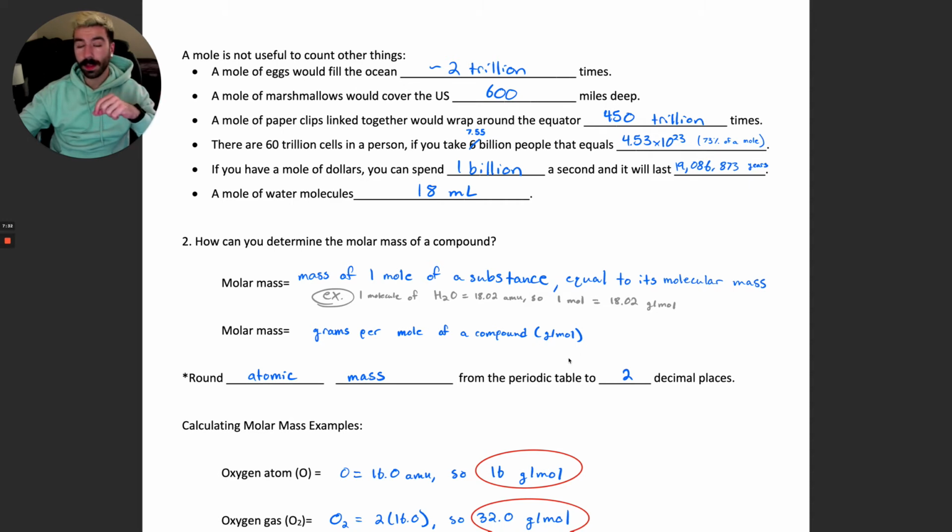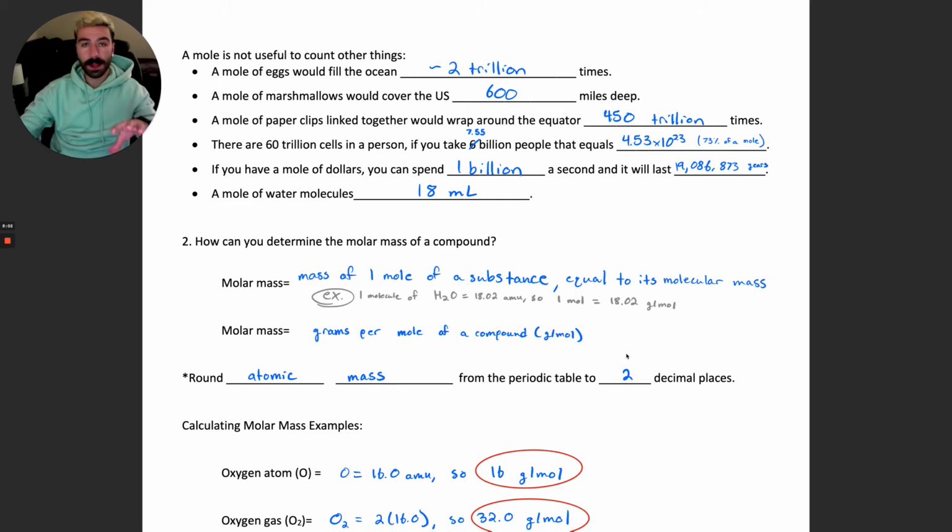In the same way that miles per hour means miles per 1 hour. If I'm driving 60 miles an hour, that means I'm driving 60 miles in 1 hour. If something weighs 18.02 grams per mole, that means 1 mole of that substance weighs 18.02 grams. And as we're dealing with atomic mass from the periodic table, I want you to round that to 2 decimal places, and we'll talk about that in a second.